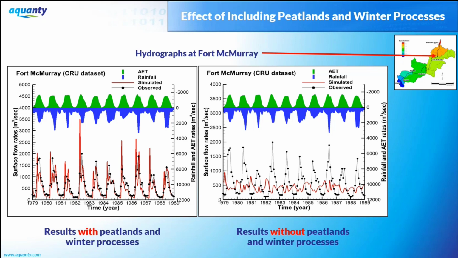It's very different from what the observations are. So it just highlights the importance of including these types of processes. And with HydroGeoSphere, you have that flexibility to include or not include processes to assess what their relative importance is. And that gives you useful insights. Next slide.